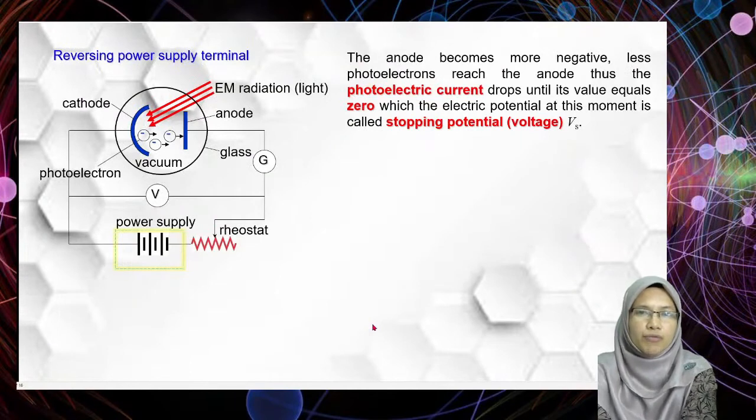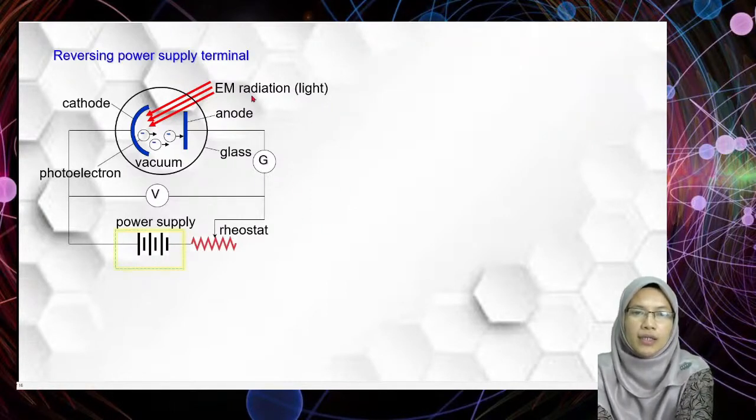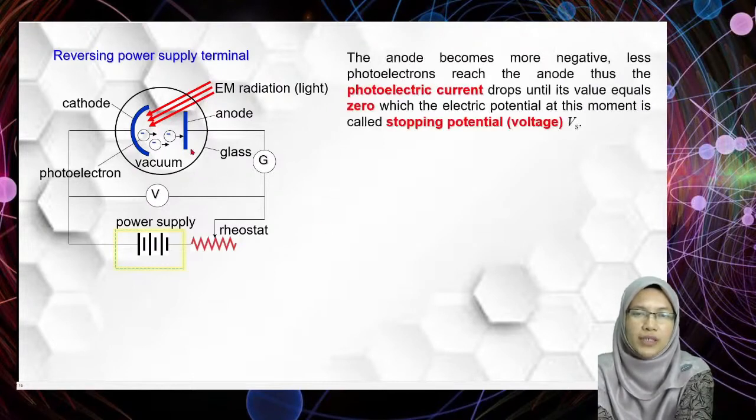Then we reverse the power supply terminals, where the positive terminal of the power supply we connect to the cathode, and the negative terminal we connect to the anode. What will happen? The anode will become more negative and will repel the photoelectrons.